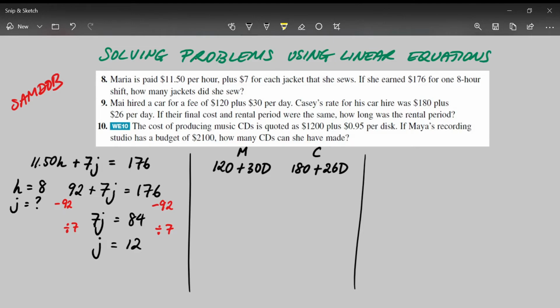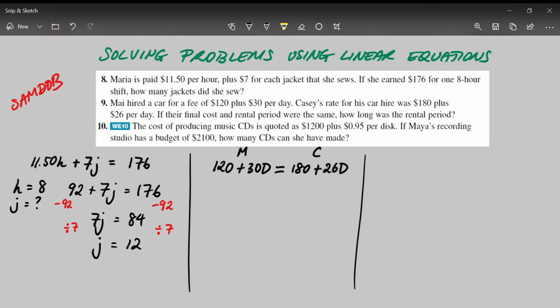Now, the scenario is that their final cost and rental period were the same, so the number of days were the same and the amount that they actually paid for the rental was the same. We want to know how long that period was. Since those two people paid exactly the same amount, the two expressions should equal each other.